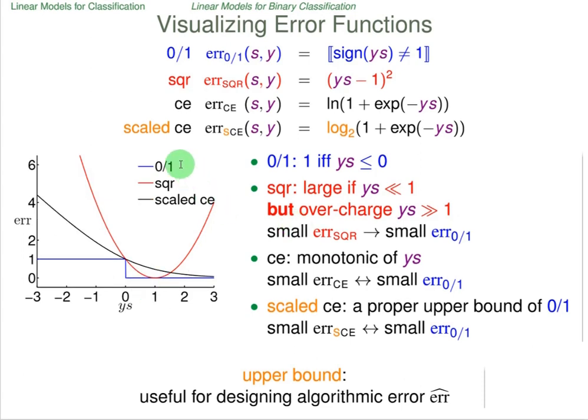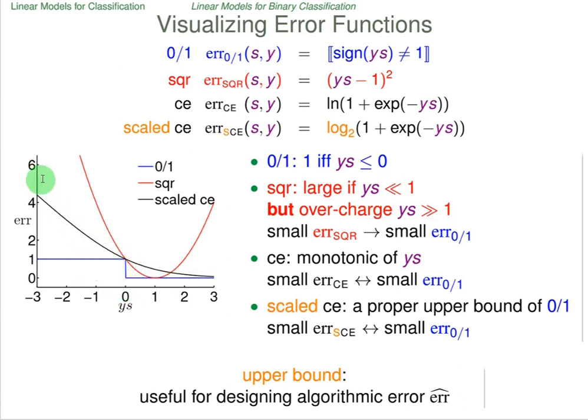We can scale the cross entropy to link it as a proper upper bound on the 0-1 error function. For example, the scaled cross entropy passes through this point, which is 1 on the 0-1 error function at ys = 0.